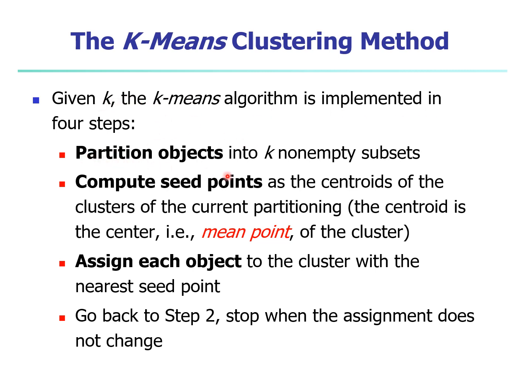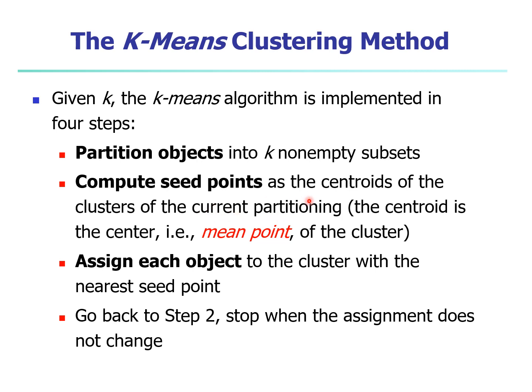First of all, we partition the objects into k non-empty subsets. So we randomly divide the objects in the dataset into k non-empty subsets. Then we compute seed points as the centroids of the clusters. So for each cluster, we compute a seed point, and this is considered to be the center of the cluster of the current partitioning.